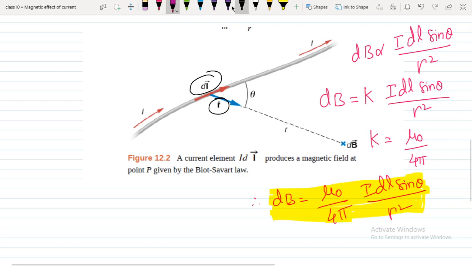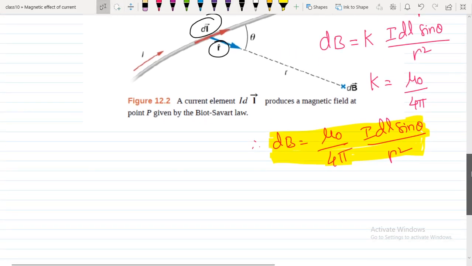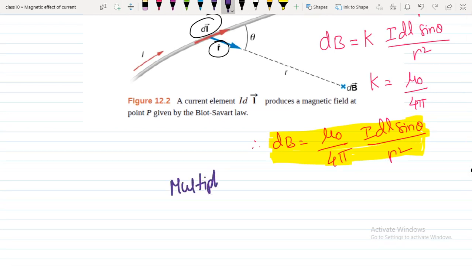By multiplying and dividing by the position vector r, on both the numerator and the denominator.